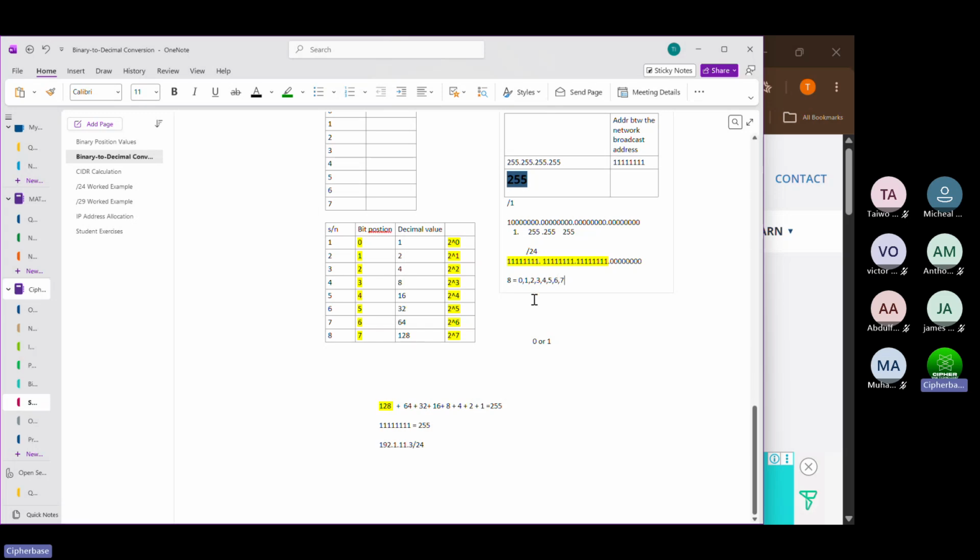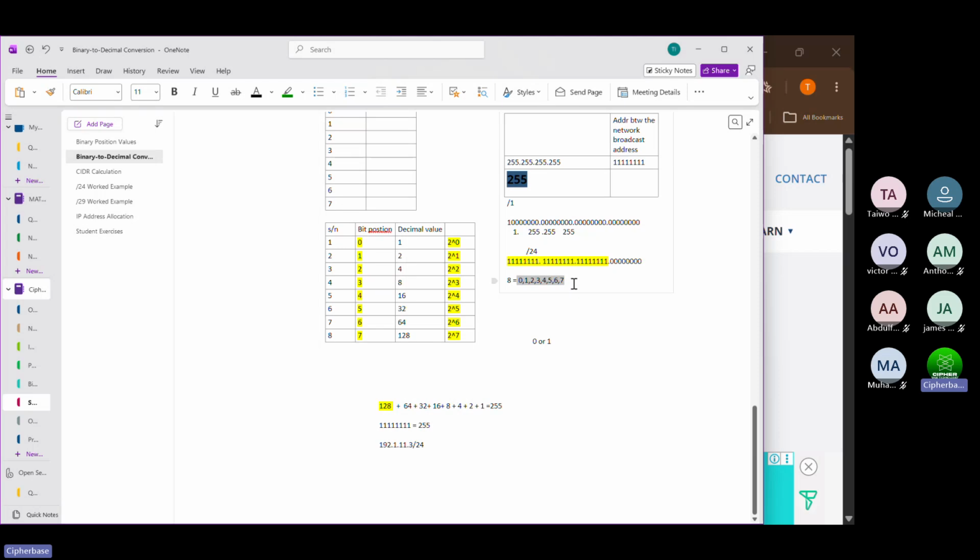If we talk about 8 bits, this is how you count it: from 0, 1, 2, 3, 4, 5, 6, 7. We are not adding it. That is 8 bits. This 8 bit is what we converted to this.